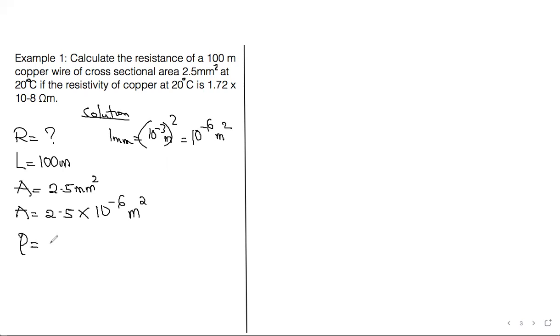Then we have the resistivity rho as 1.72 times 10 to the power minus 8 ohm meter. And you have to calculate the resistance.